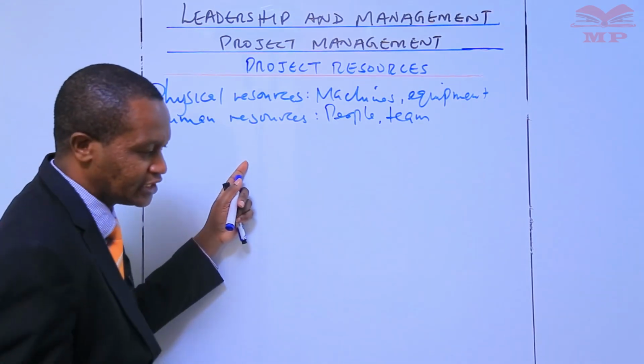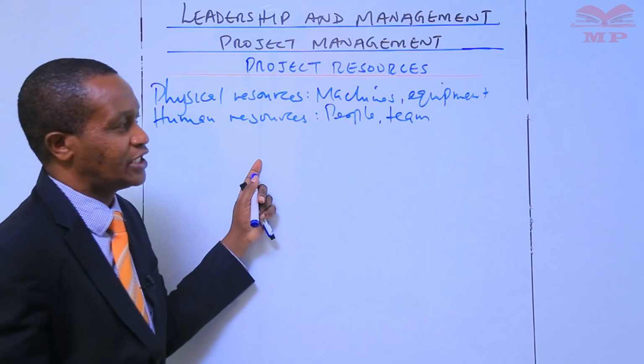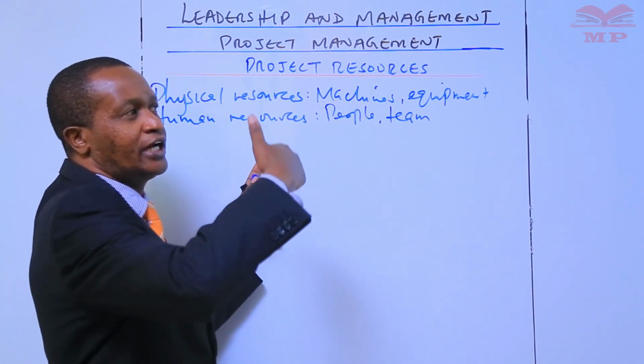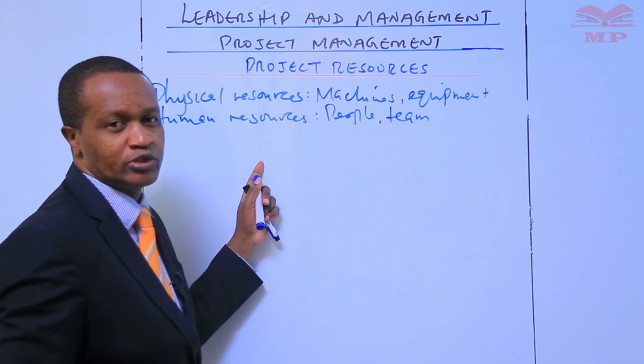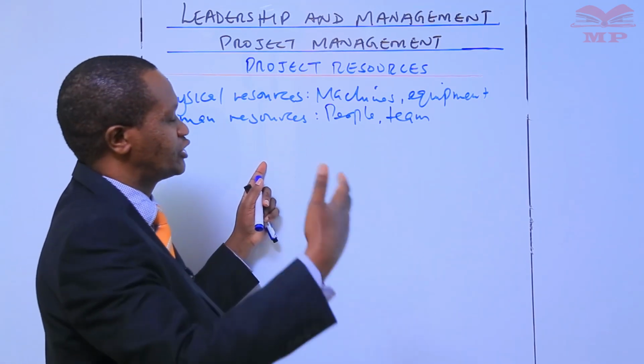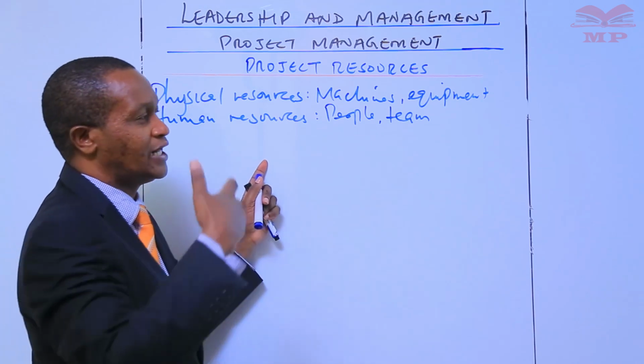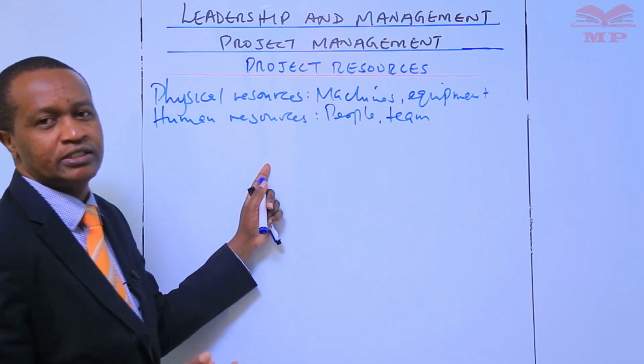There may be certain skills required at a certain stage in the life cycle of a project. So different personnel may be added to or subtracted from the team as the project progresses.